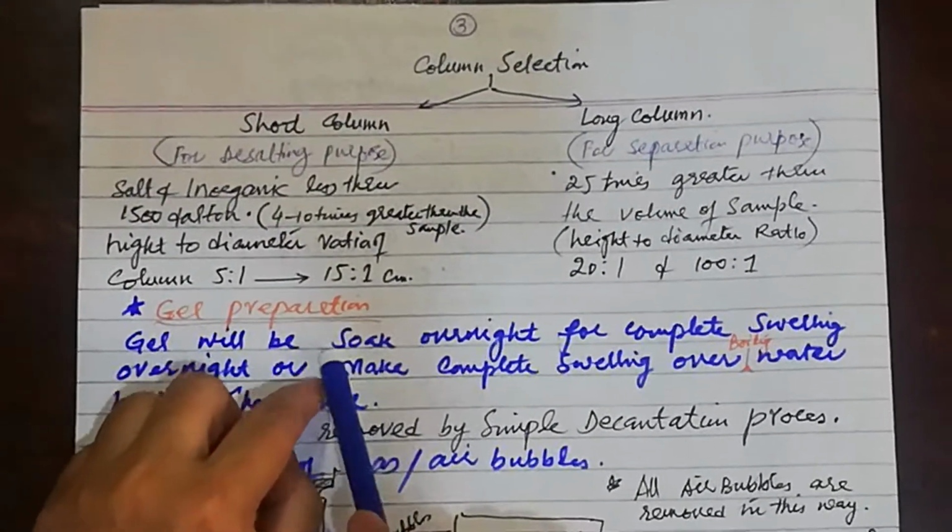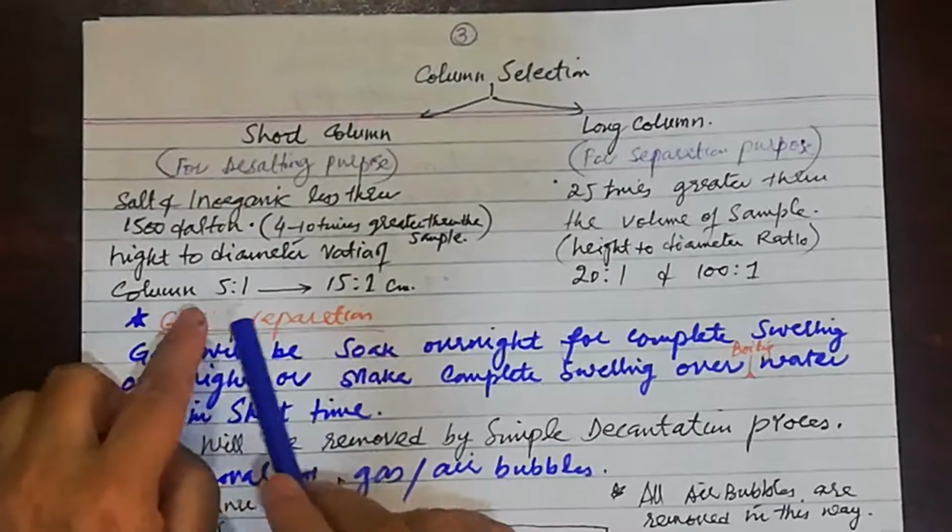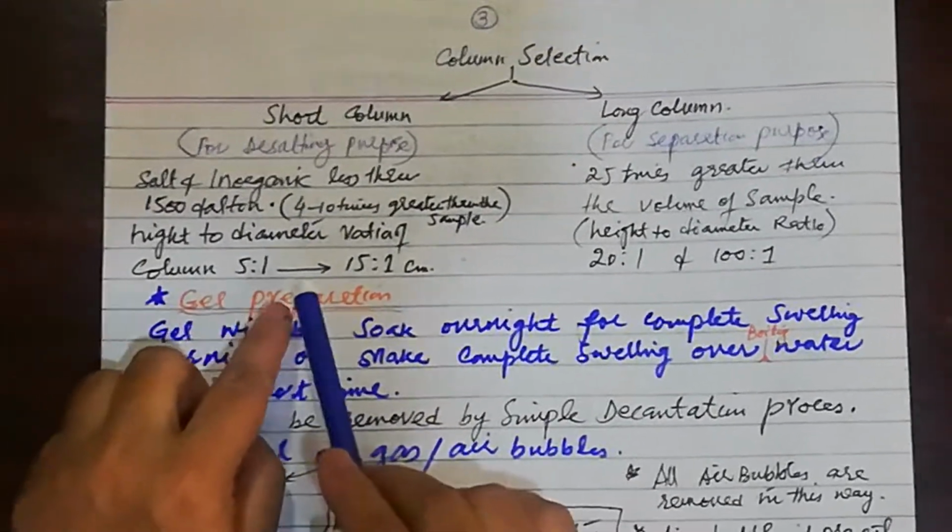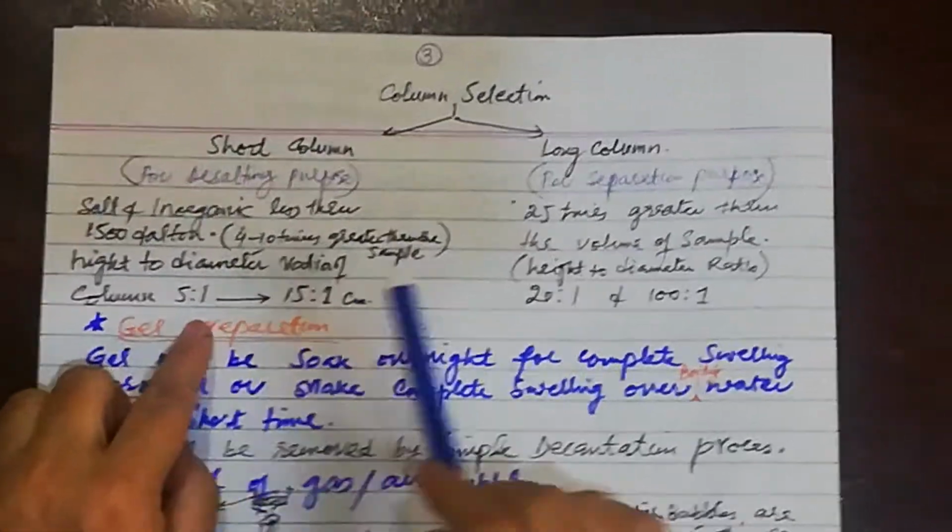That is, length will be 15 and diameter 1 centimeter, or length 5 centimeter and diameter 1 centimeter.